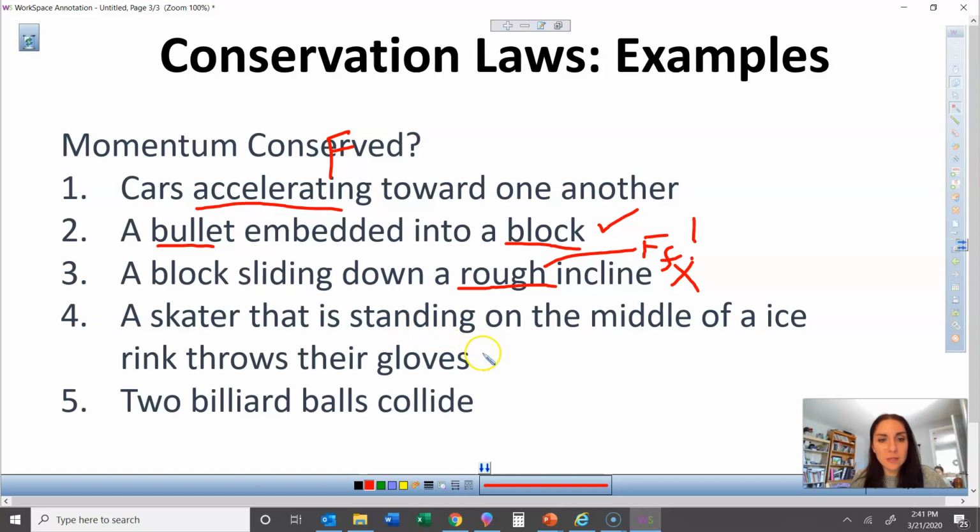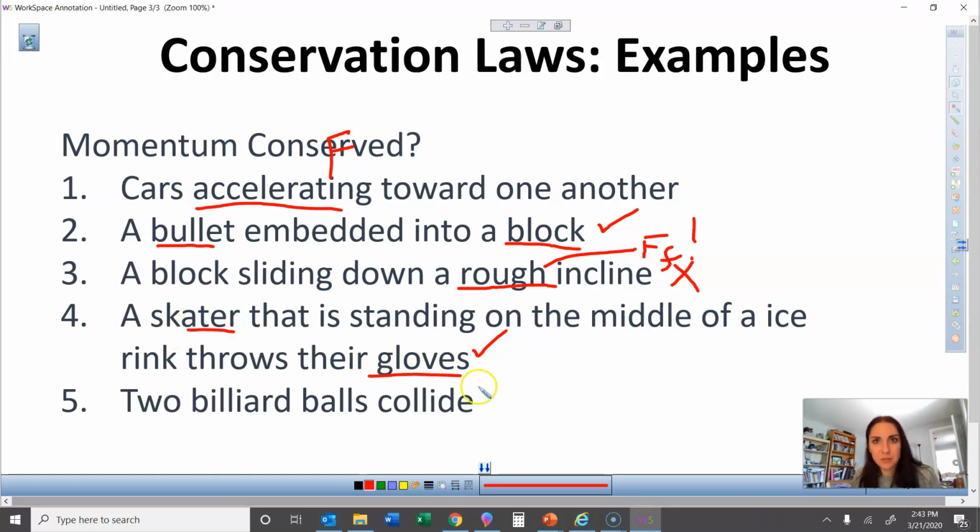A skater that is standing in the middle of the ice rink throws their gloves. Hold on 1 second, pause it. Sorry for the quick pause, I'm back. So a skater that is standing in the middle of an ice rink throwing their gloves. There's no external force here, so that one actually is conserving momentum. The skater and the gloves are the system.